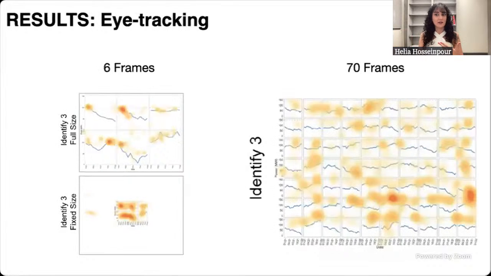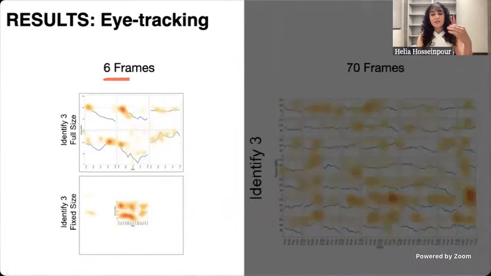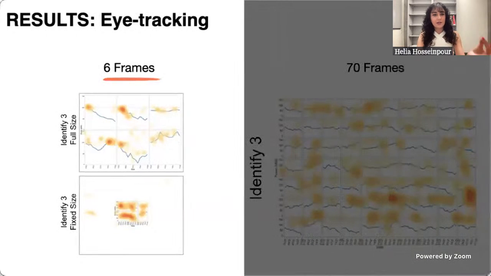Our eye tracking study further provided insight into why participants might struggle. So here we have heat maps of some of our visualizations. In the one with fewer frames, there are more concentrated areas of focus, those dark orange portions.